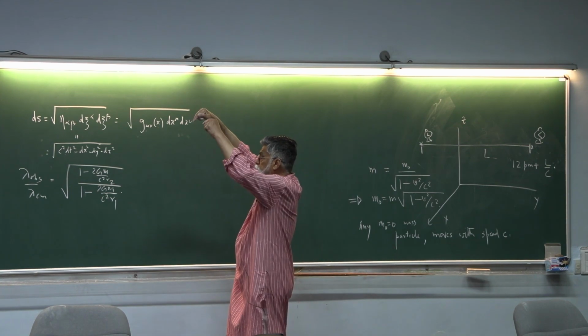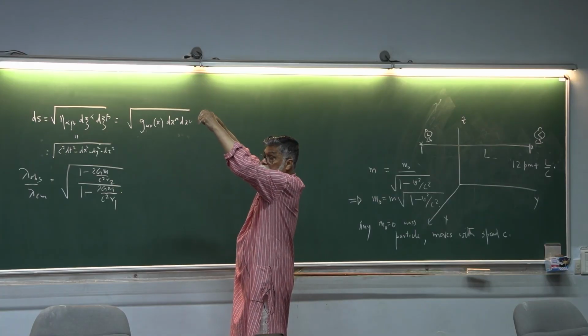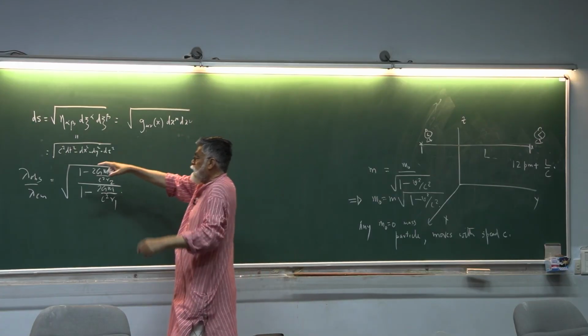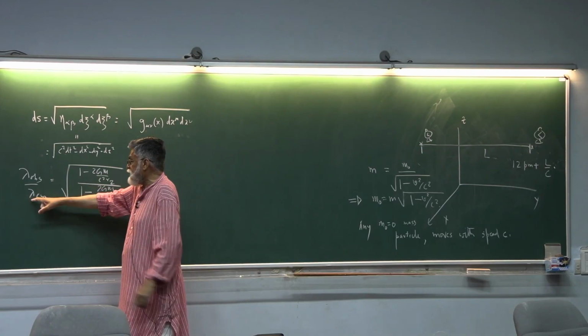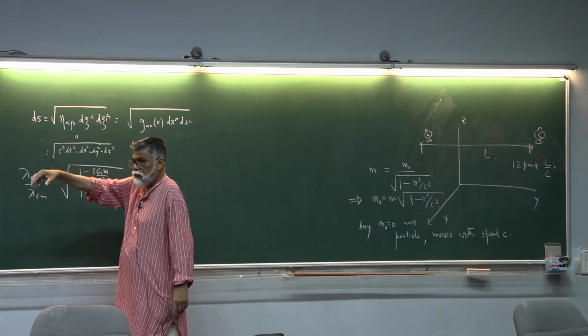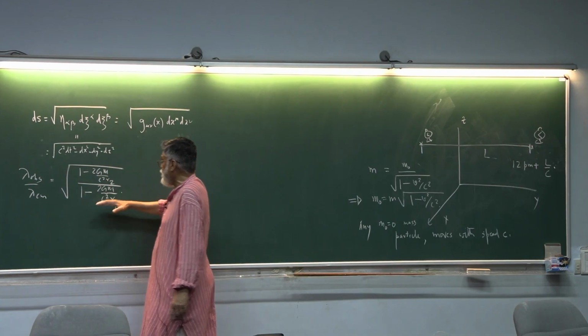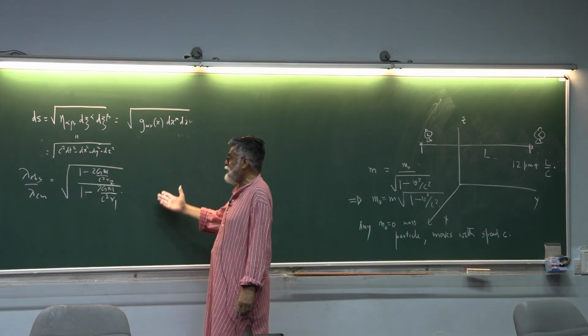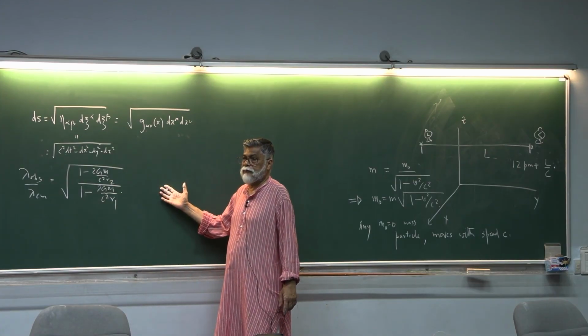Now, light which was sent from the top has the wavelength lambda emitted, but the wavelength that is observed at the surface of the earth is given by this. The question is: is it greater than 1 or less than 1?